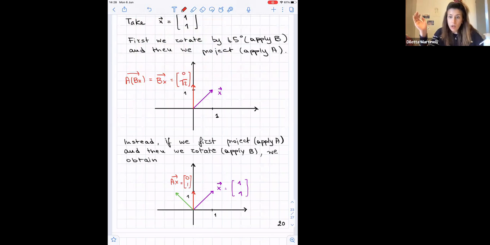And then we rotate by 45 degrees, and even without doing any computation, we see already that the two operations do not commute, right? In fact, you can compute that B applied to Ax is the vector minus square root of 2 over 2, square root of 2 over 2.